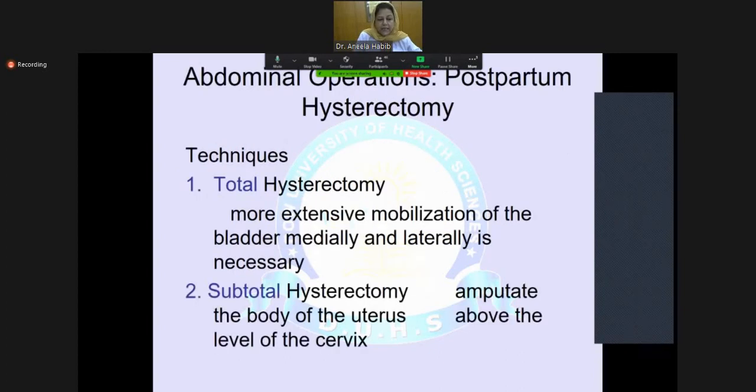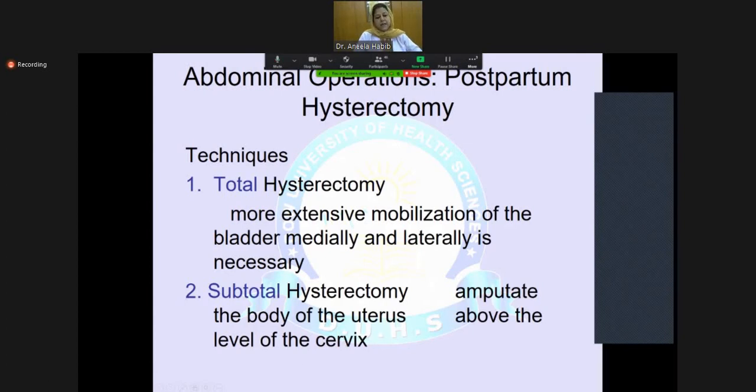This is called a total hysterectomy. And sometimes if the total hysterectomy is not possible because of the adhesions, or sometimes the patient is bleeding so much, you need to do a subtotal hysterectomy, which is the amputation of the body of the uterus. You need to take the uterus out above the level of the cervix, and you are leaving the cervix behind.